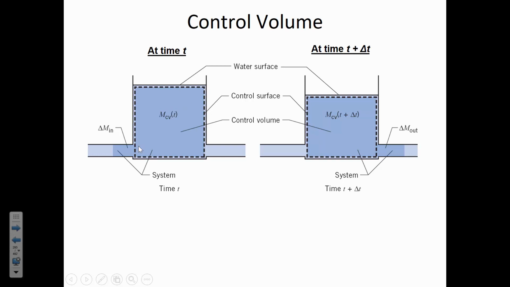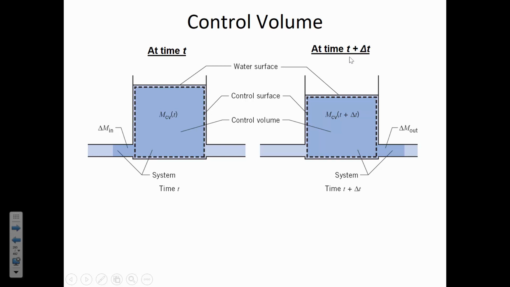In the before, you can see some of the system was in the inflow pipe. In the after, there's some of the system in the outflow pipe. And if you look closely, you may notice that the length of the dark blue segment in the outflow pipe is longer than the length of the inflow segment here. And you'll also notice that the liquid level is lower at time t plus delta t.